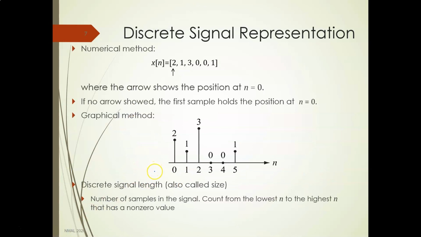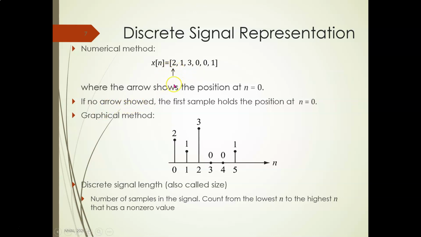To represent discrete signal, we write in terms of numerical method. This is how you represent the signal. x[n] is equal to, you put the bracket here and put the value of the magnitude of the sample signal. And the arrow here shows the position when n equals 0.